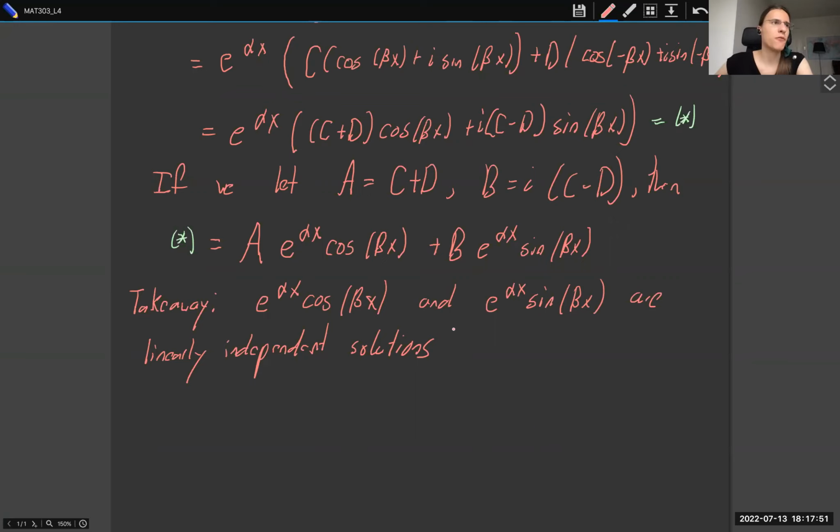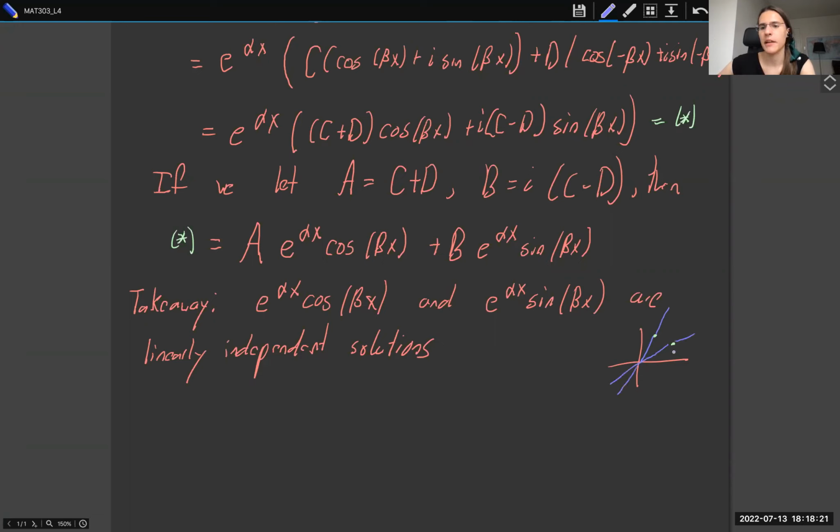So in particular, in two dimensions, what linear independence means is that two points are linearly independent only when they do not lie on the same line passing through the origin. For example, if I have this point and this point, then neither is a multiple of the other, because all multiples of this point form this line, and all multiples of this point form this line.